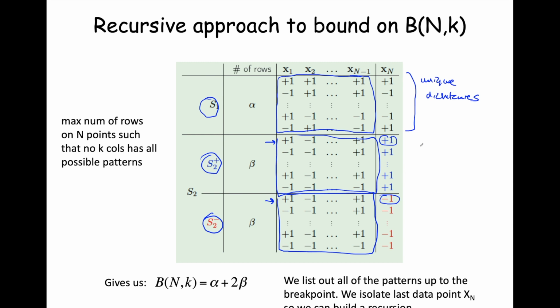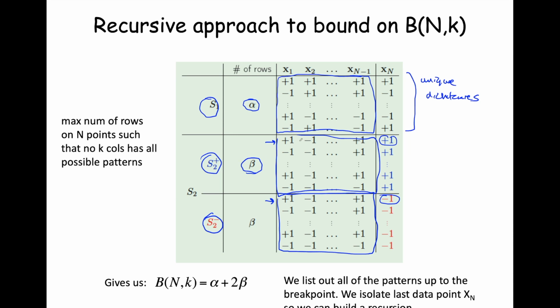Okay, so now we're going to put some measurements here to count the number of dichotomies for each one of these subgroups. We have alpha as the number of rows, and therefore the number of dichotomies, that have unique patterns for the first n-1 positions. And then we have beta to represent the number of rows or dichotomies in set S2 plus.